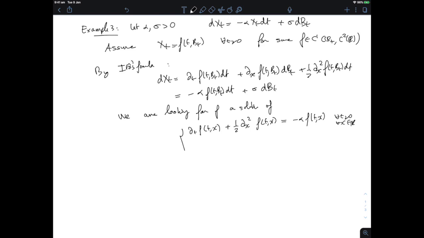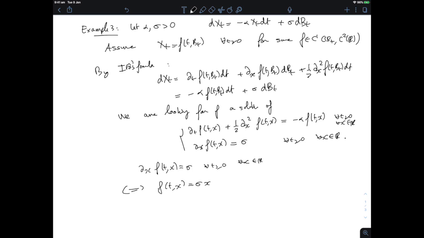And in the dB_t component, I just want d_x f(t,x) to be equal to sigma for every t and for every x. Now, what does that imply? So d_x f(t,x) equals sigma for all t and for all x really is equivalent to f(t,x) equal sigma x plus some function of t.